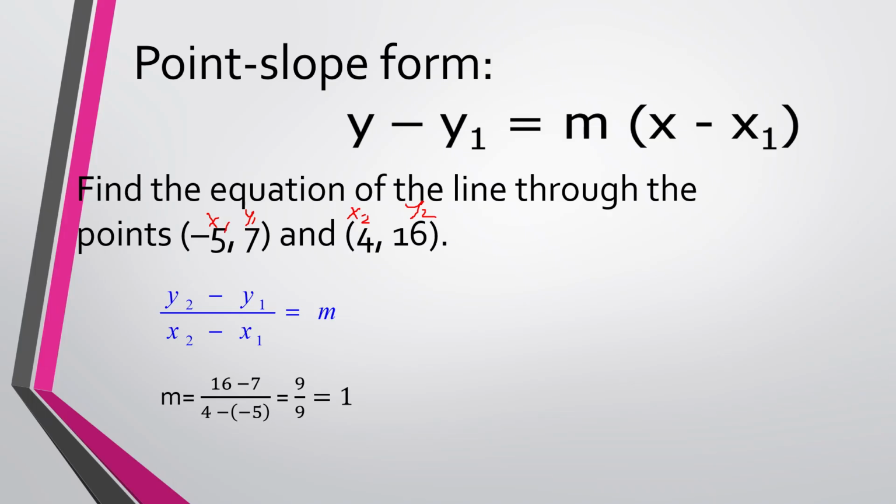So, we have 16 minus 7 over 4 minus -5. So, 16 minus 7 is 9. Then 4, negative times negative is positive, that means you add, no? So 4 plus 5 equals 9. And then divide, 9 divided by 9 is 1. So our slope here is 1.